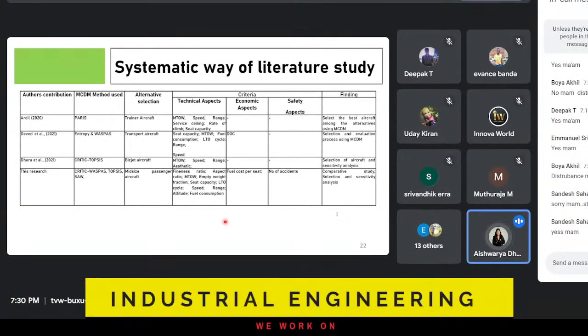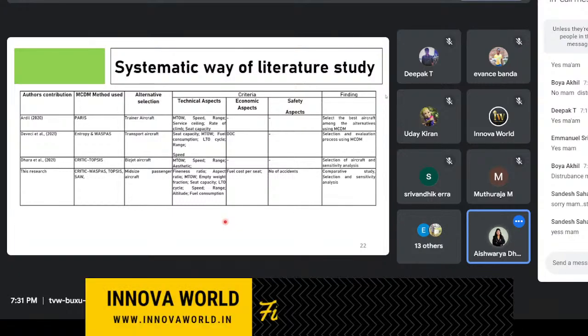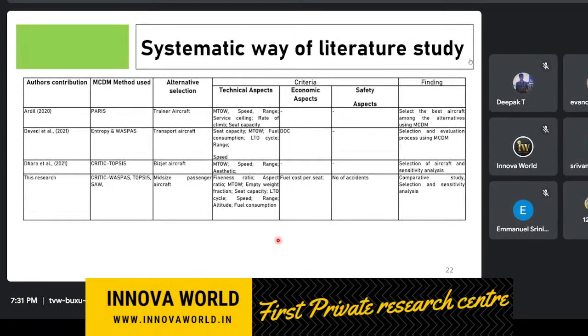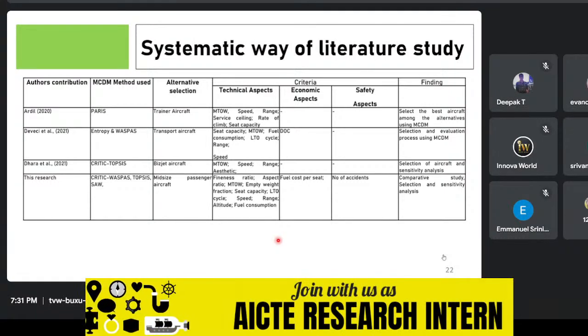Any question over here? Am I audible? Okay, I believe I am audible. I am proceeding further. If you have any doubt in between, please let me know. You are here to learn and work on the basis of the parameters taught to you.